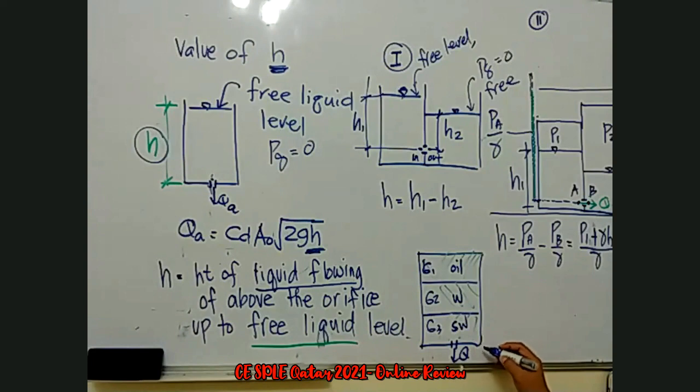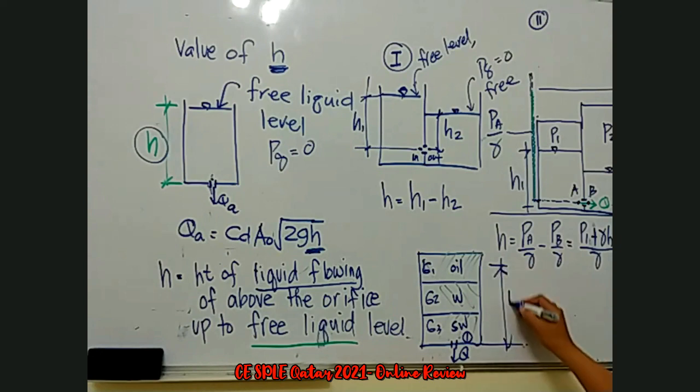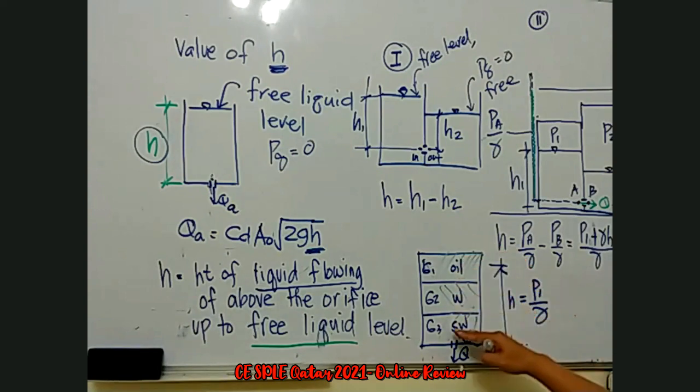So ang mangyari niyan, yung H ko dito, let us say ito is 0.1. Kunin yung pressure at 1, yung H ko diyan is eto. This H equals P1 over gamma. So add all the pressure.